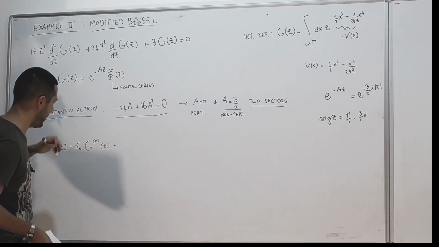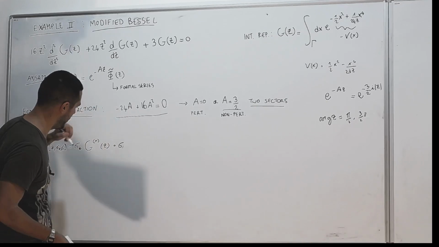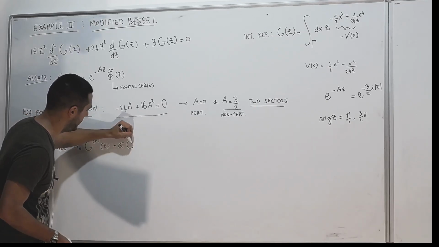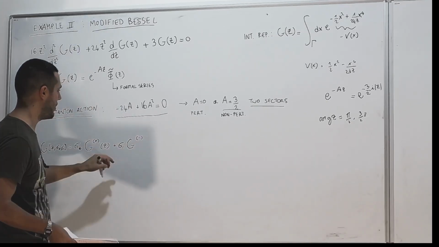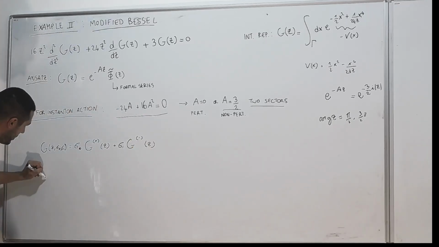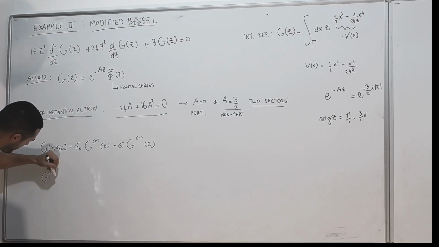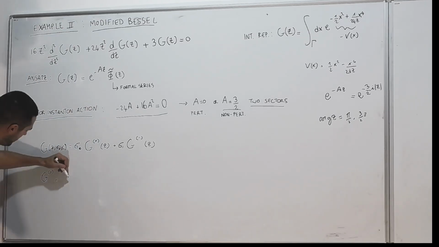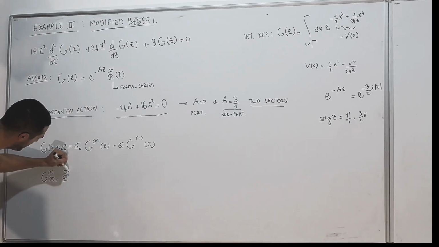I'm just taking a linear combination of the two solutions I found, which I labeled G0 and G1, where G0 is just some formal power series that I call F tilde 0.